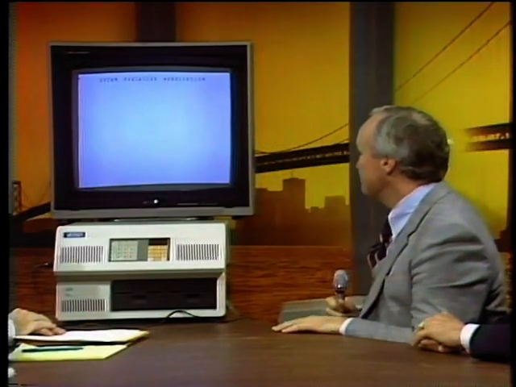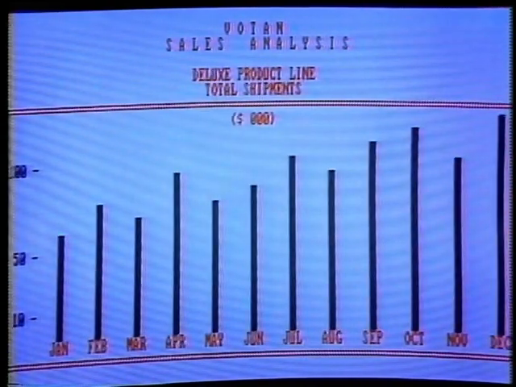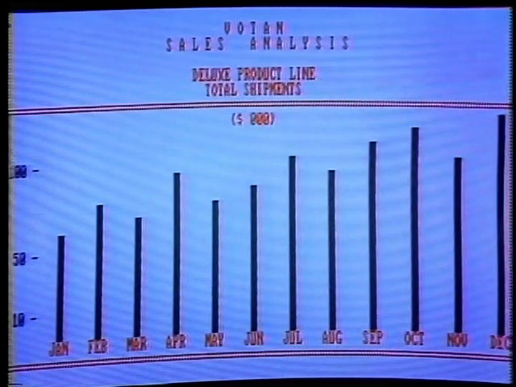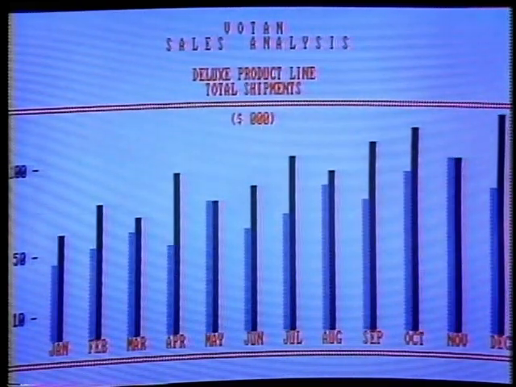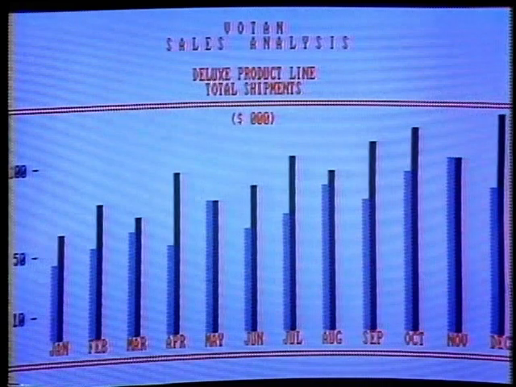Executive? Sales? Which product line? Standard or deluxe? Deluxe? What channel? OEM, distribution, or total? Total? Would you like to compare to last year? Yes. Would you like to forecast for next year? Yes.